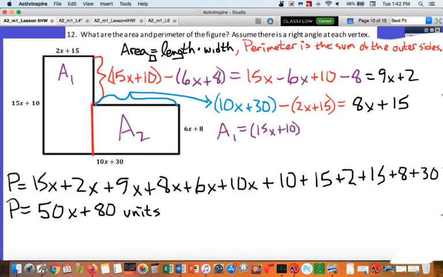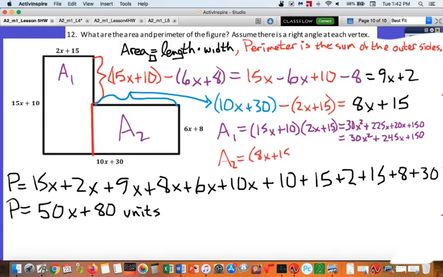But then on the second side, I'm going to use that new length I found, which was the 8x plus 15, and I'm going to multiply that times the 6x plus 8. So that's area 2. So I'm going to do the 8x plus 15 and the 6x plus 8.